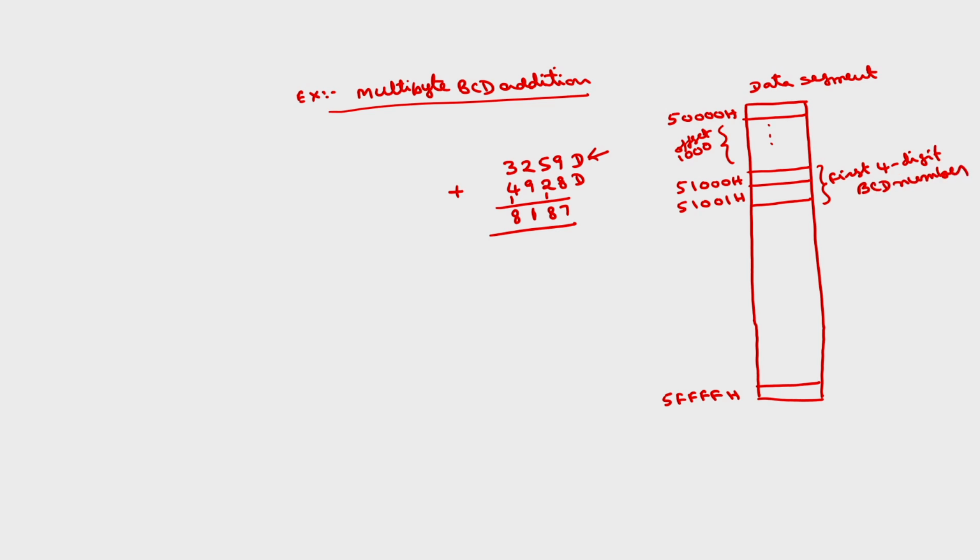This is 4 digit, which is 2 byte. So, I require 2 locations. Okay. So even if you store these decimal numbers, the microprocessor will assume that it is a hexadecimal number. So you have to do some manipulation to get the decimal result. Okay.